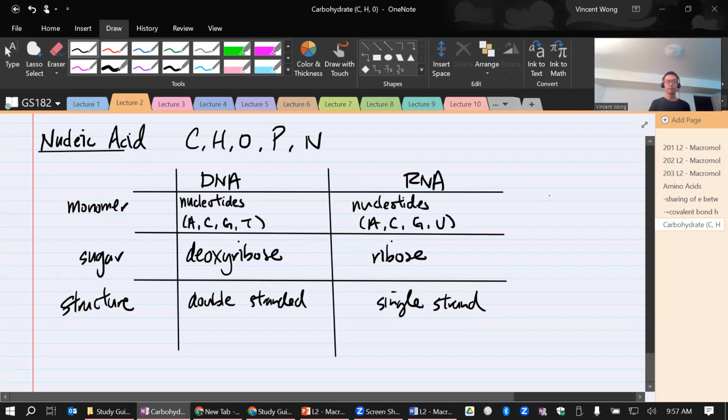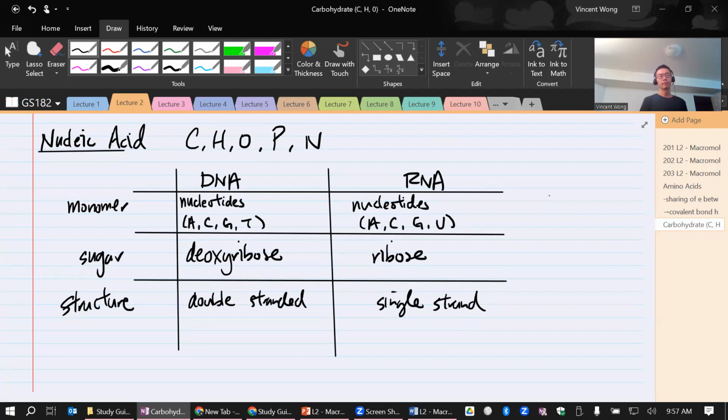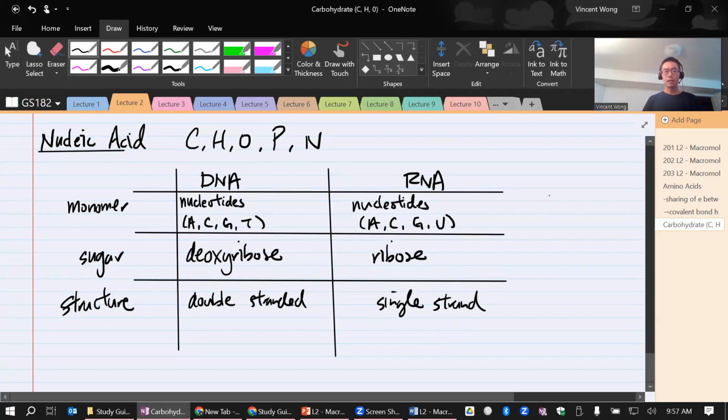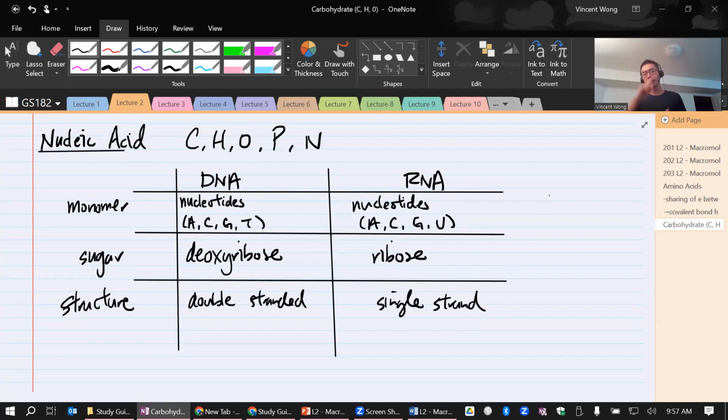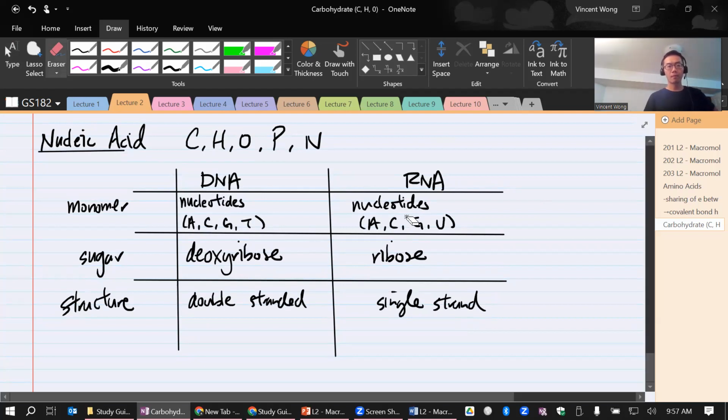So a helix and a strand is the same thing, right? Helix just means it's twisted together, like a spiral. That's pretty much the key differences.